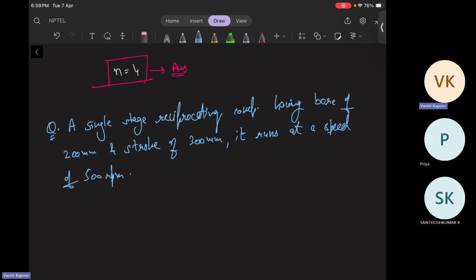Clearance volume is 5% of swept volume. And value of index is 1.3.